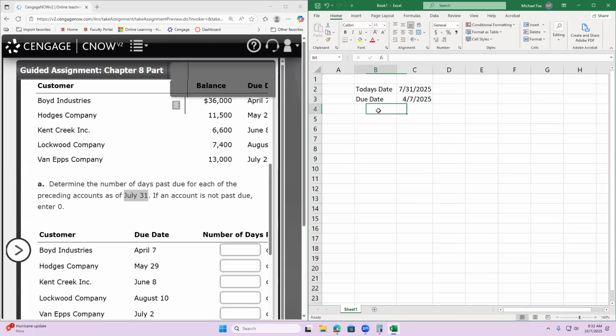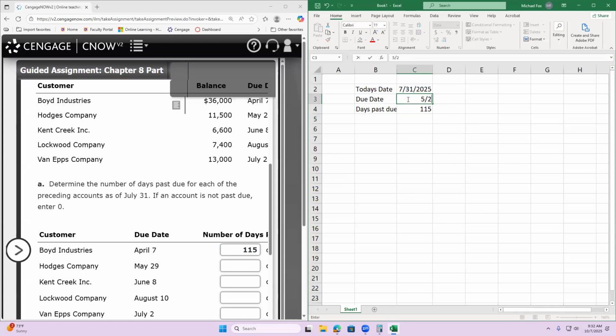Then I'll tell Excel days past due, which equals today's date minus the due date. It tells me there are 115 days in there. To me, that's way faster than counting 30 for this month and counting on my fingers. So I'm just going to say 115.